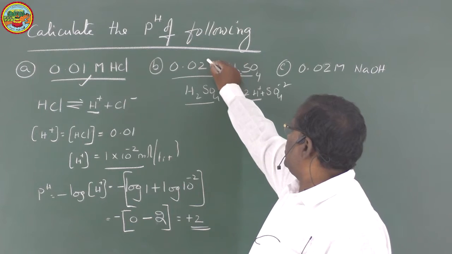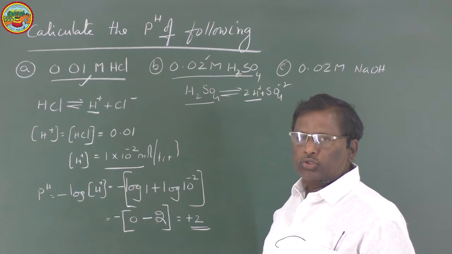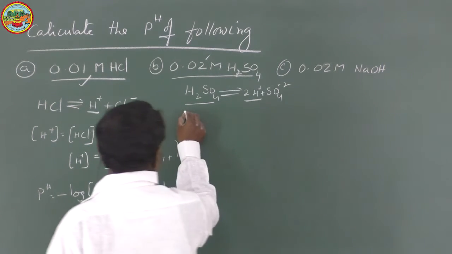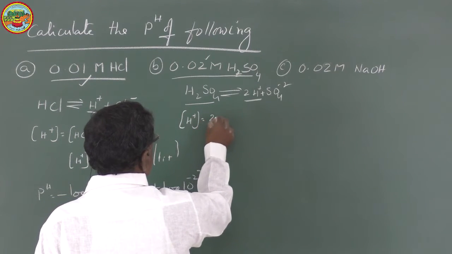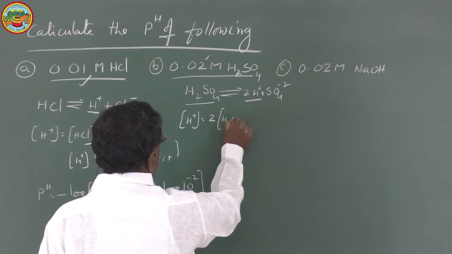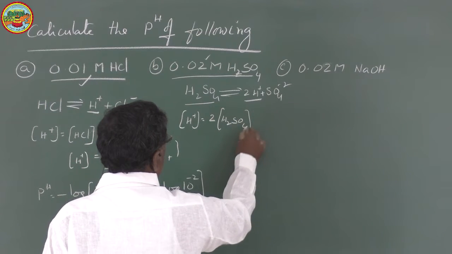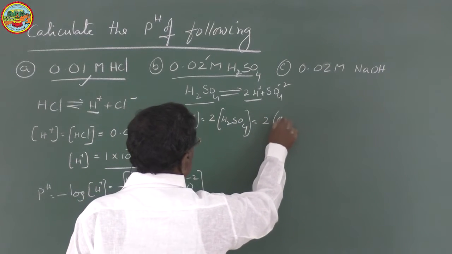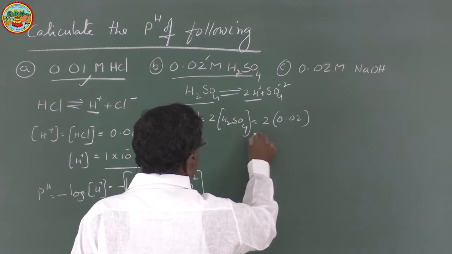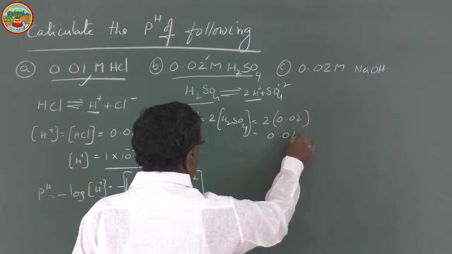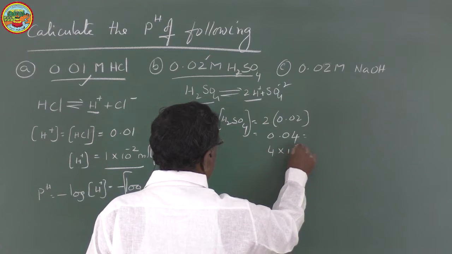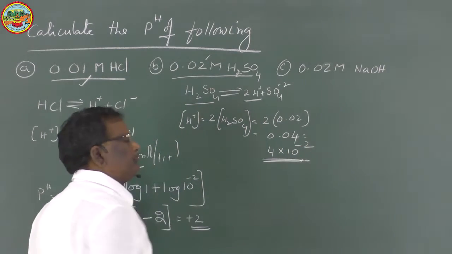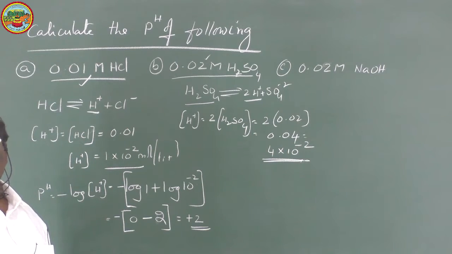Here the concentration of H2SO4 is 0.02. Therefore, the concentration of H plus ions will be equal to 2 into the concentration of H2SO4. So 2 into 0.02 will be 0.04, or we can write it as 4 into 10 to the power minus 2. That is the H plus ion concentration.